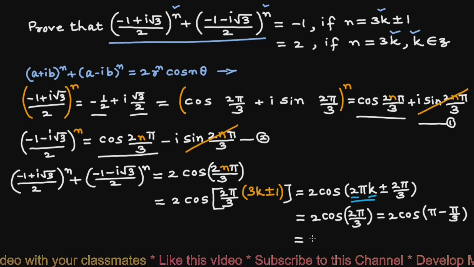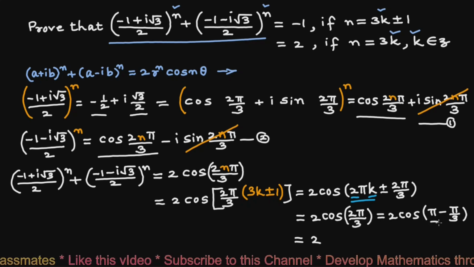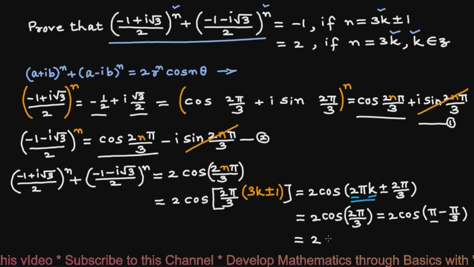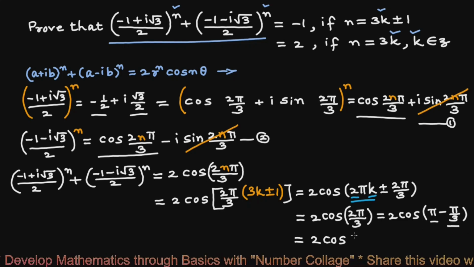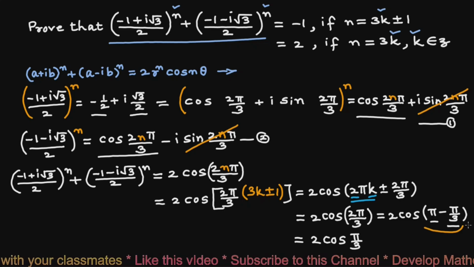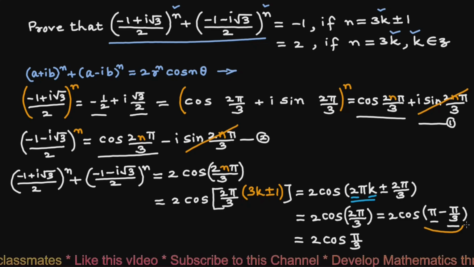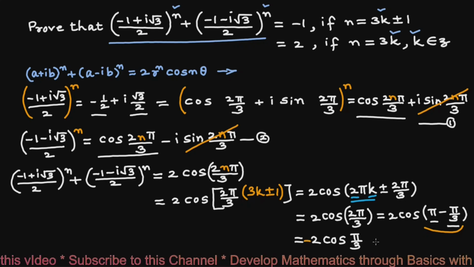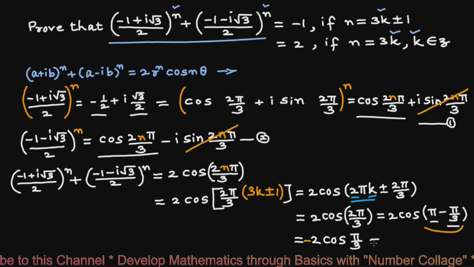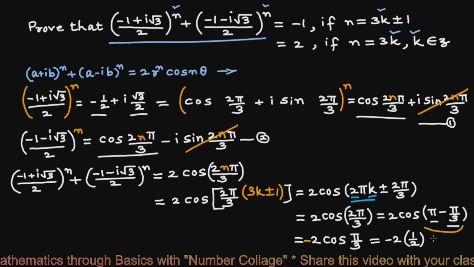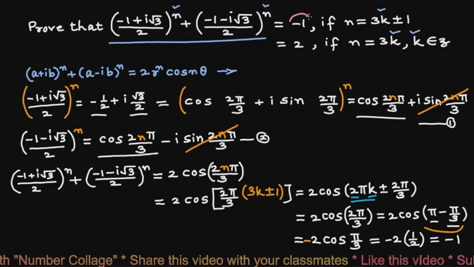Since pi is an even integral multiple of pi by 2, this cos will remain cos of pi by 3. And since this whole angle pi minus pi by 3 lies in the second quadrant in which cos is negative, this will be minus 2 cos pi by 3. Further, cos pi by 3 is half, so this will be minus 1 as required here.